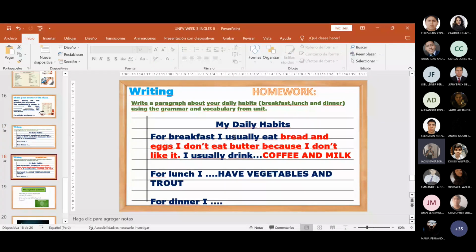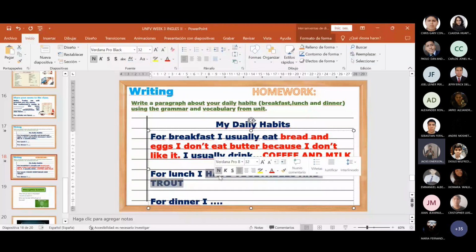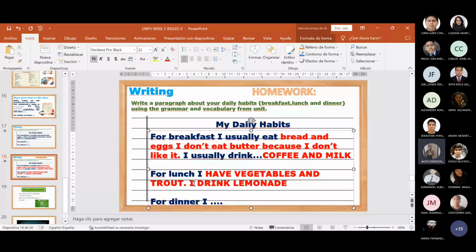My daily habits. For breakfast, I usually eat bread and eggs. I don't eat butter because I don't like it. I usually drink coffee and milk. For lunch, I have vegetables and trout, trucha, for example. I have vegetables and fruit. I drink lemonade and water.